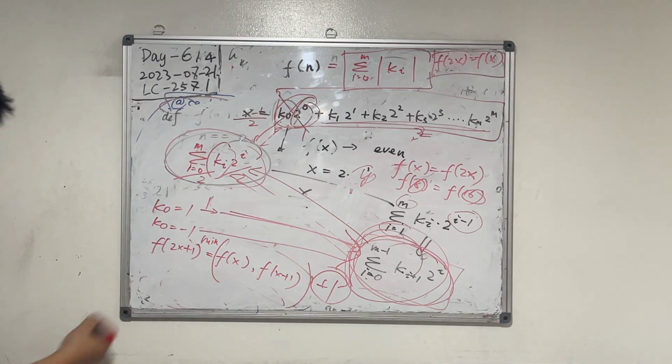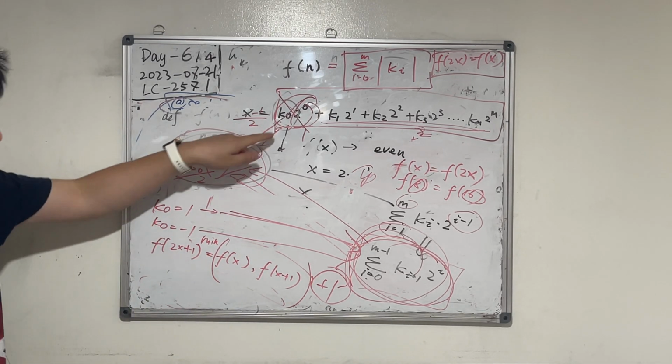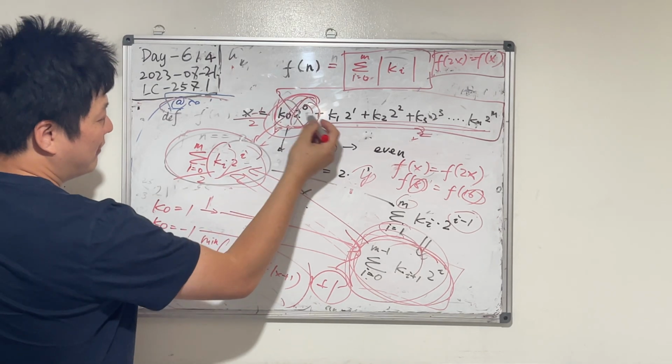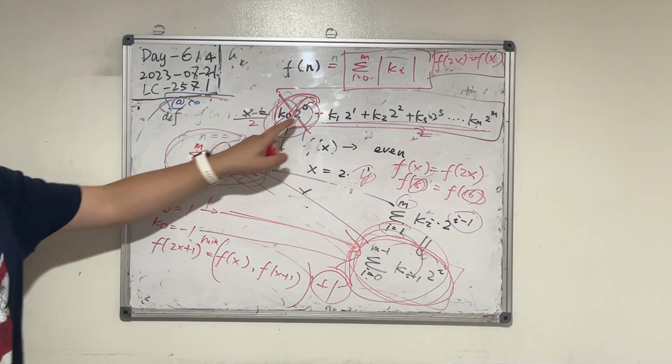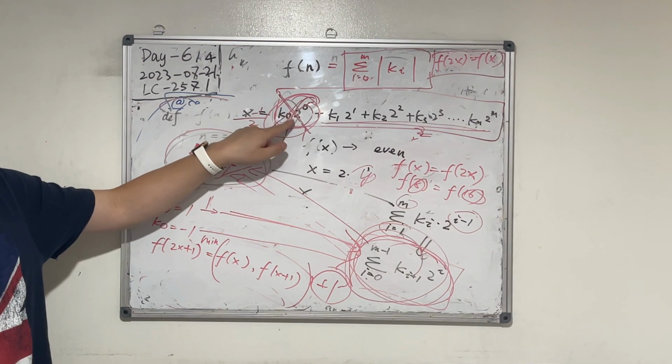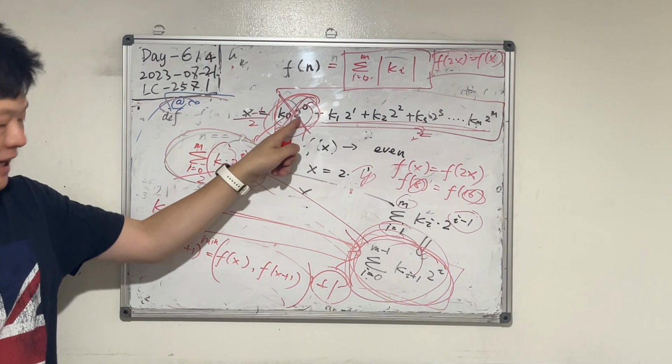Why do we need plus 1? This is minus 1 plus 1 equals 0. We need to get rid of this item. This is the singular one. So this is the step for that.